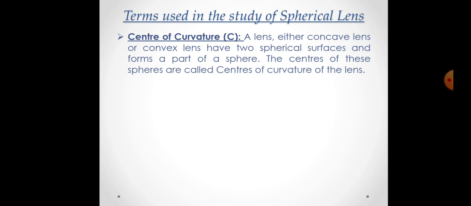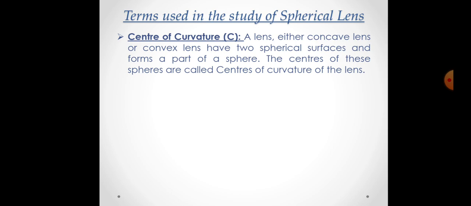Whether it is a concave lens or a convex lens, they form a part of a sphere. Since they are a part of a sphere and a sphere has a center, that center is called your center of curvature. Usually there are two spherical surfaces, that means there will be two spheres, which also means there will be two centers.